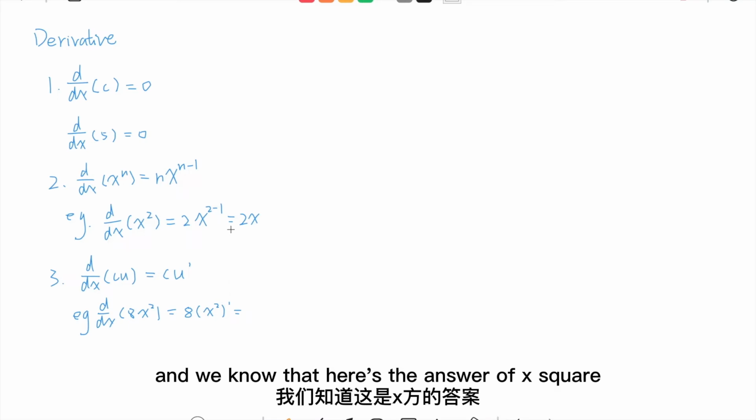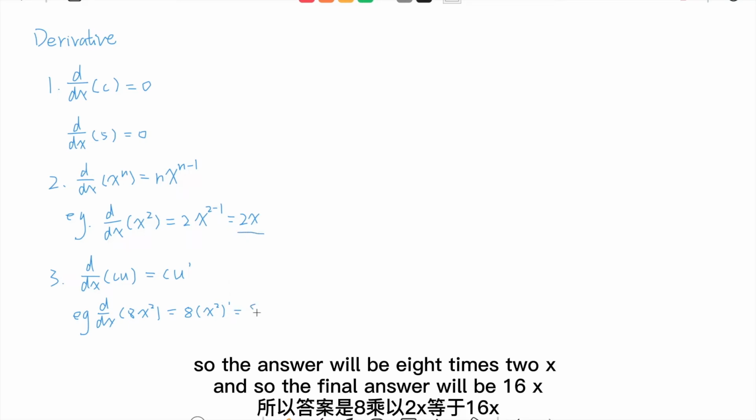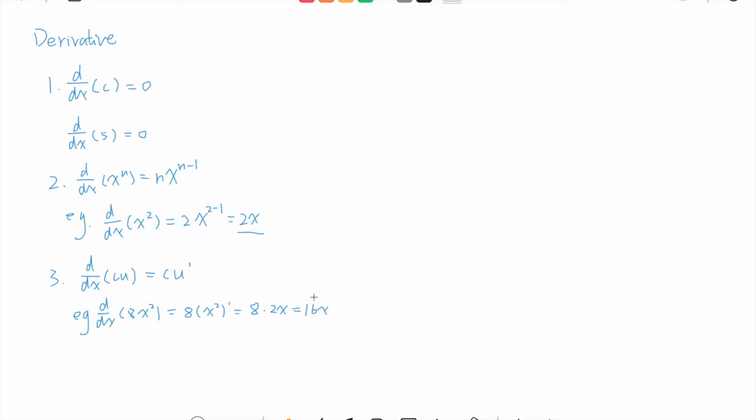We know the derivative of x squared is 2x, so the answer will be 8 times 2x, and the final answer will be 16x.